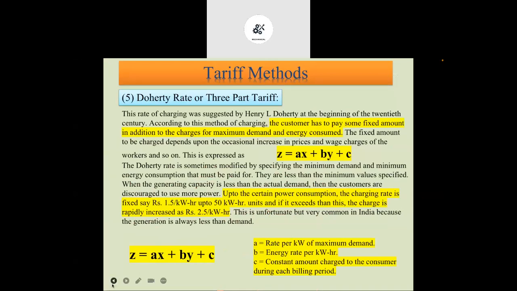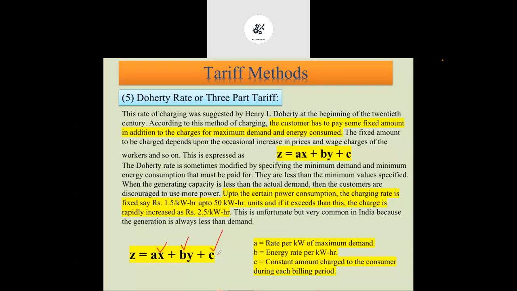It totally depends upon the given methods or the given information. Here they particularly ask to use the Hopkinson energy tariff method. In many numericals, they will ask you to use different methods. Sometimes they ask to use Doherty rate.